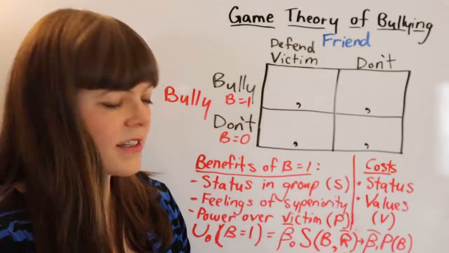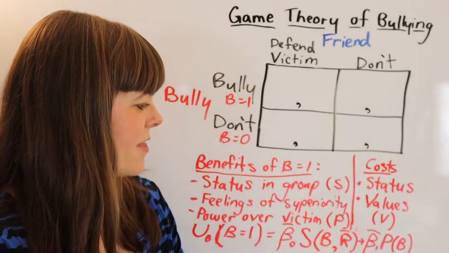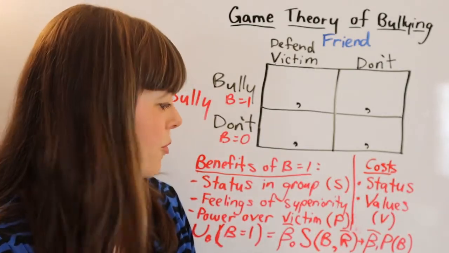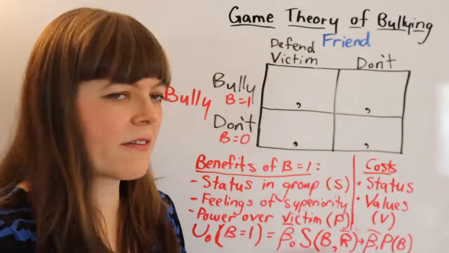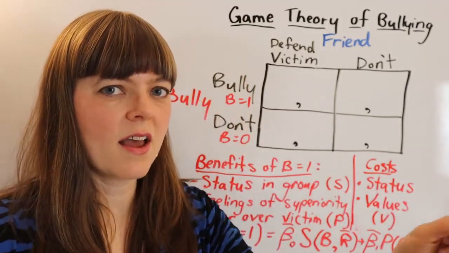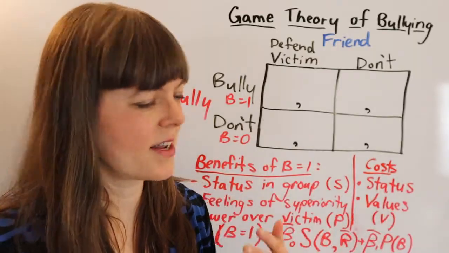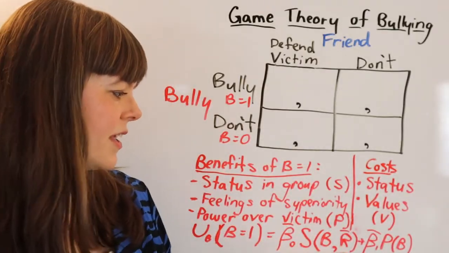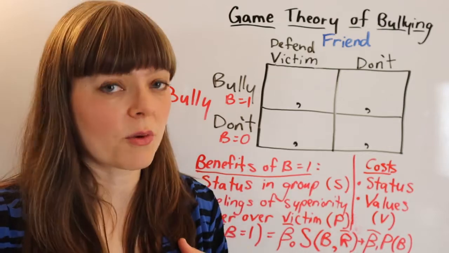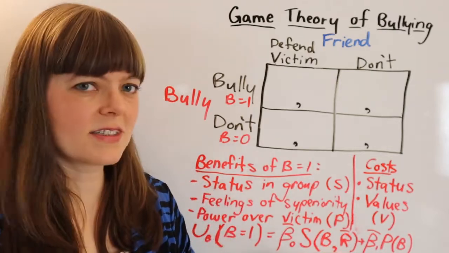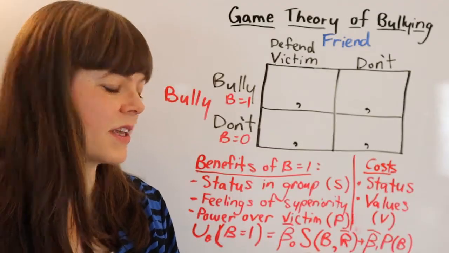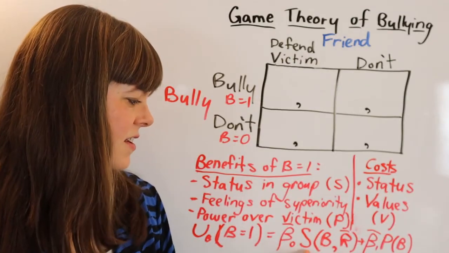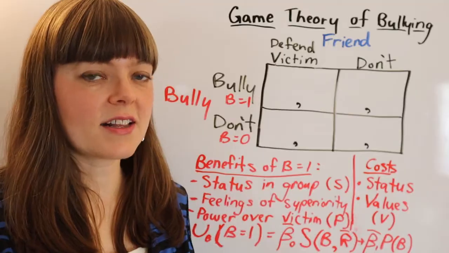Now, this exogenous variable is going to be the reaction of the group. Now everything in this model is from the bully's perspective, but this is the bully's anticipation of how the group would respond if they bully. And if the bully believes that people will go along with him in the group, that's certainly going to lead to a high expectation that bullying could increase their status in the group.